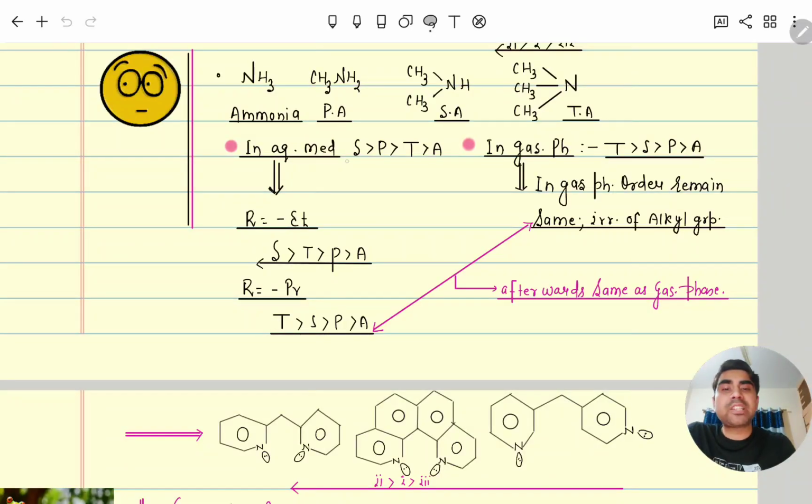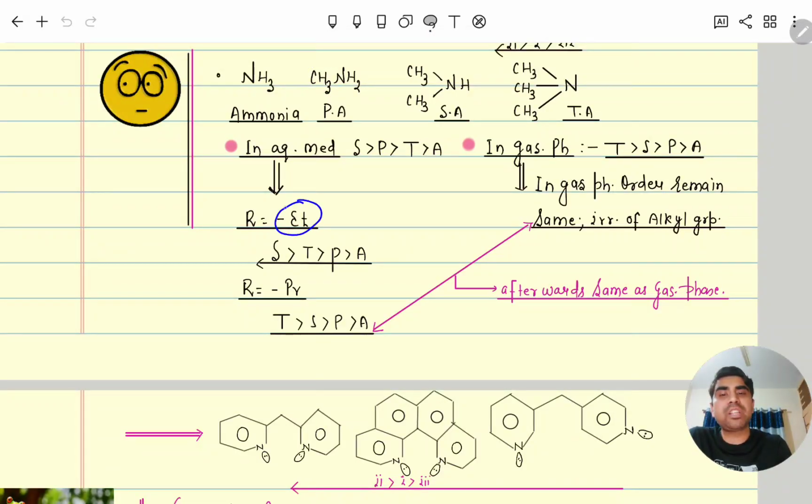So remember SPTA: first secondary amine, then primary amine, then tertiary amine, after that ammonia, that is the basic strength. In the gaseous phase, tertiary, then secondary, then primary amine, then ammonia. Clear? And this is valid when it is a CH3 methyl group.